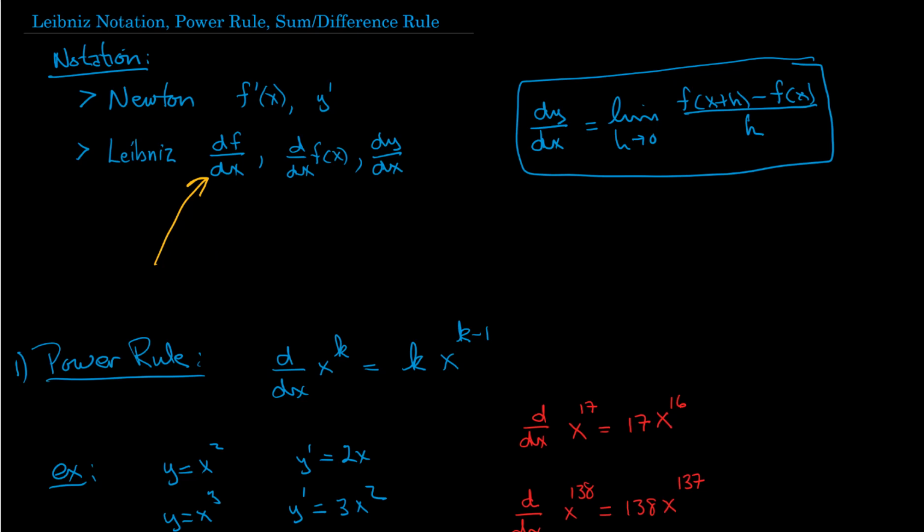So you're still looking at the notation dy dx. A third way that he suggested writing it is the change in the function with respect to x, d over dx of f of x. I will intentionally use all of these notations in future videos so that you're accustomed to seeing each of them.